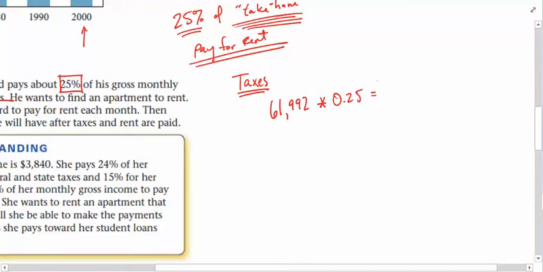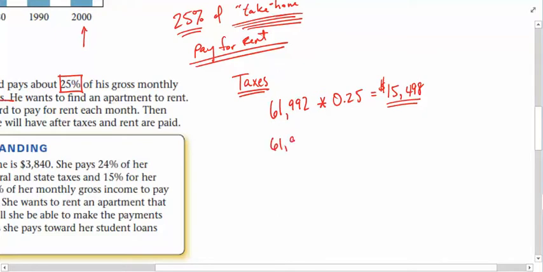Now I've got a calculator off the side of the screen, and I see that 25% of $61,992 is $15,498. So right away he spends that kind of money on his taxes, and he doesn't get to spend that at all. It goes straight to the government.